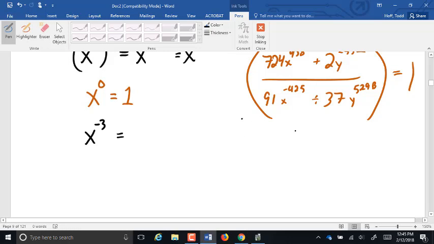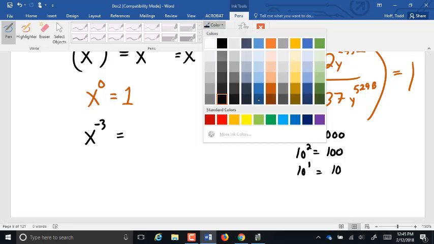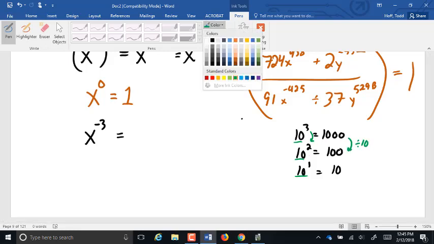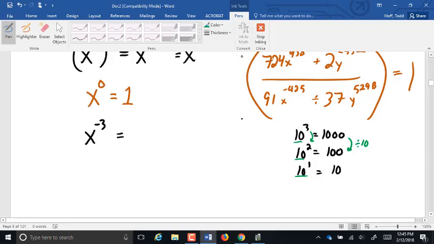Let's do it as 10 to the 3rd is 1,000. 10 squared is 100. 10 to the 1 is just 10, right? Each time, we're keeping that base the same, the 10, but each time we reduce that power by 1, our number here was divided by 10. That's why when we got to 10 to the 0, 10 divided by 10 is just 1.